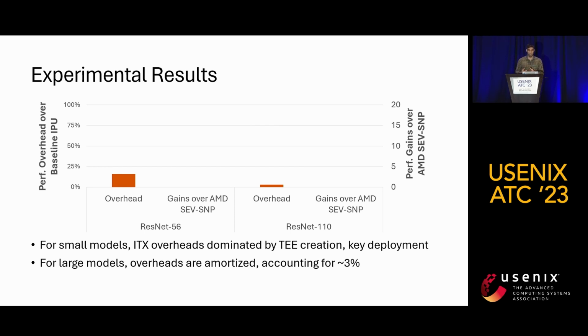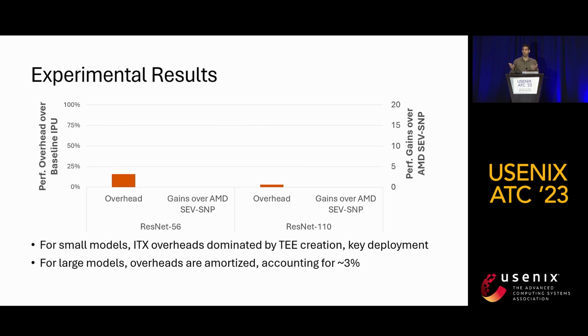For larger models, this model was just taking half an hour, and given how big models are today, you can say this is a small model. But even for such models, the overheads of starting up the TEE were well amortized.